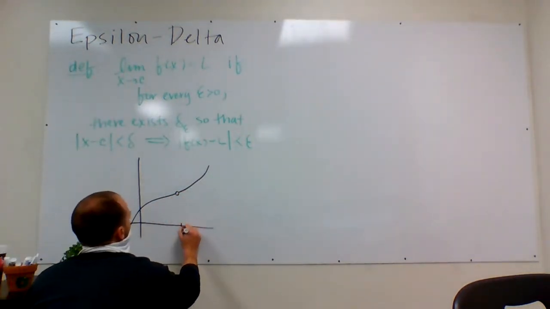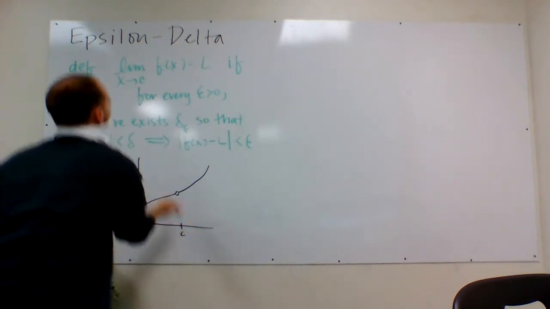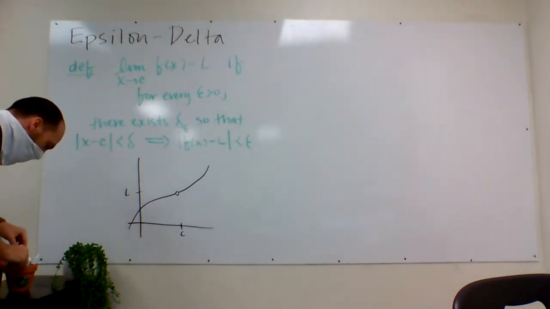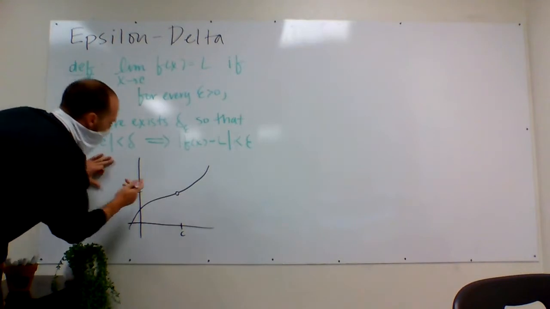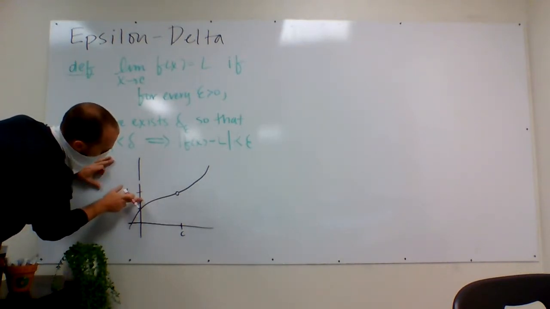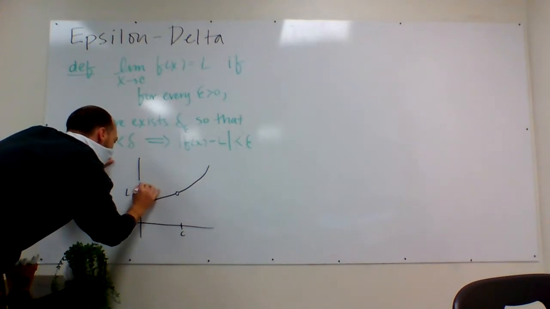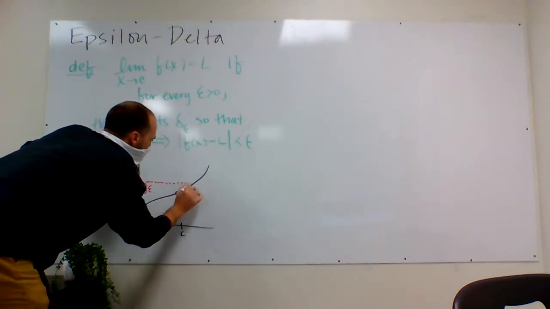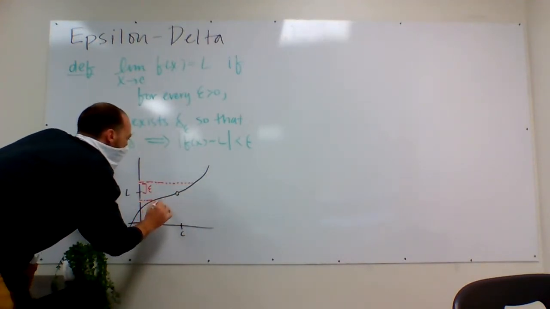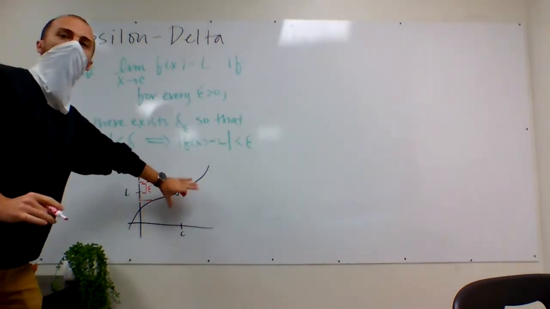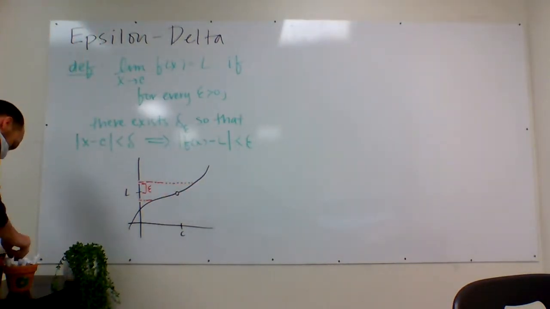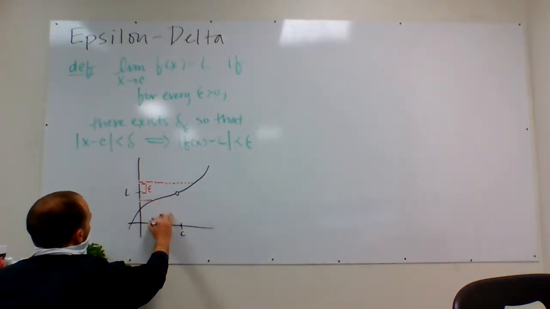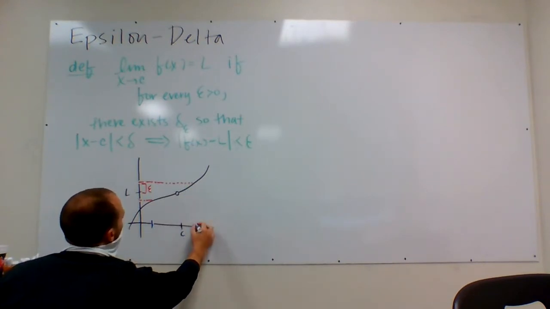This is x equals c, this is y equals L, just to use the same terminology I had up here. And what I'm going to say is that the limit existing means that if I need to be within some range of L, say epsilon, this distance right here is epsilon, well then I can guarantee that I'll be within this range, provided that I am over here in the x's, as long as I'm over here or in here.